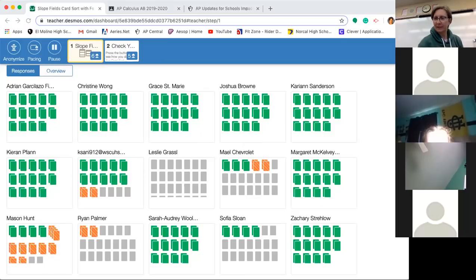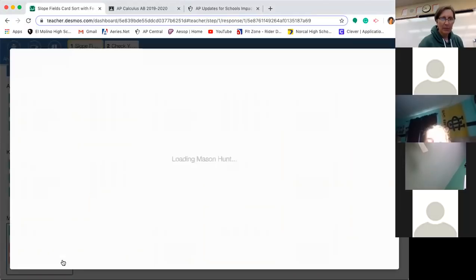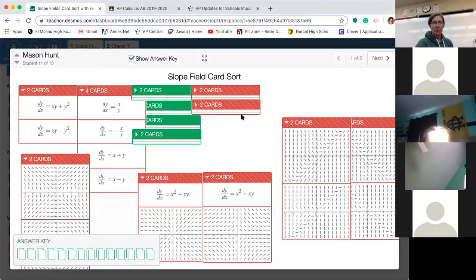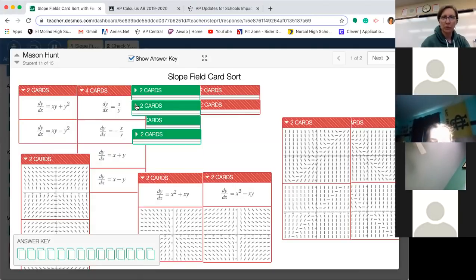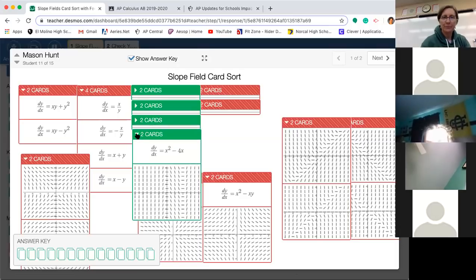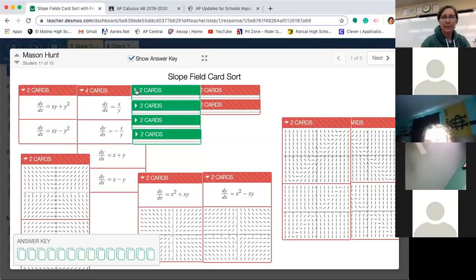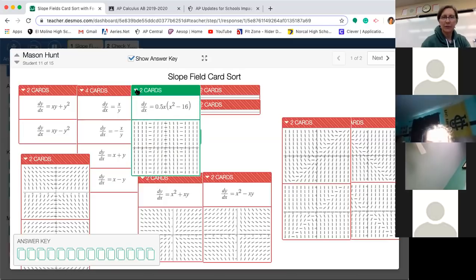Let's see. Maybe I'll jump in. Mason, you have a bunch of different matches, so I'm going to go in and show you which ones are right. If you want to flip over to my screen, you can see which ones are right, so you don't mess with those anymore. And I don't know how much your screen looks like my screen, but at any rate, Mason, if you're looking.